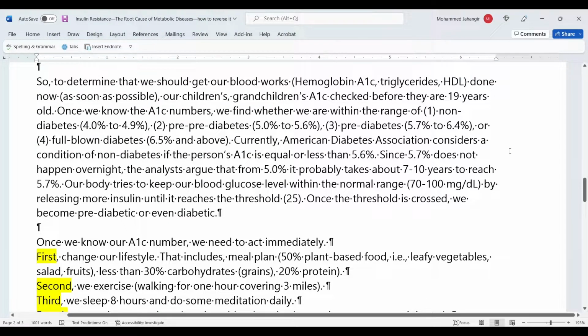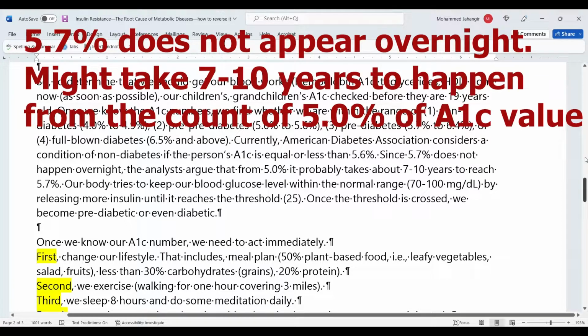Currently, the American Diabetes Association considers a condition of non-diabetes if the person's A1C is equal to or less than 5.6%. Since 5.7% does not happen overnight, the analysts argue that from 5.0%, it probably takes about 7 to 10 years to reach 5.7%.